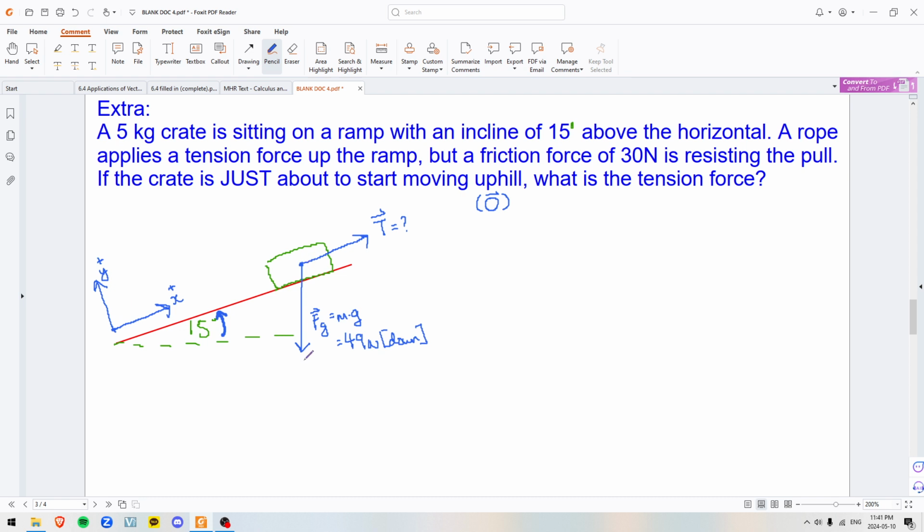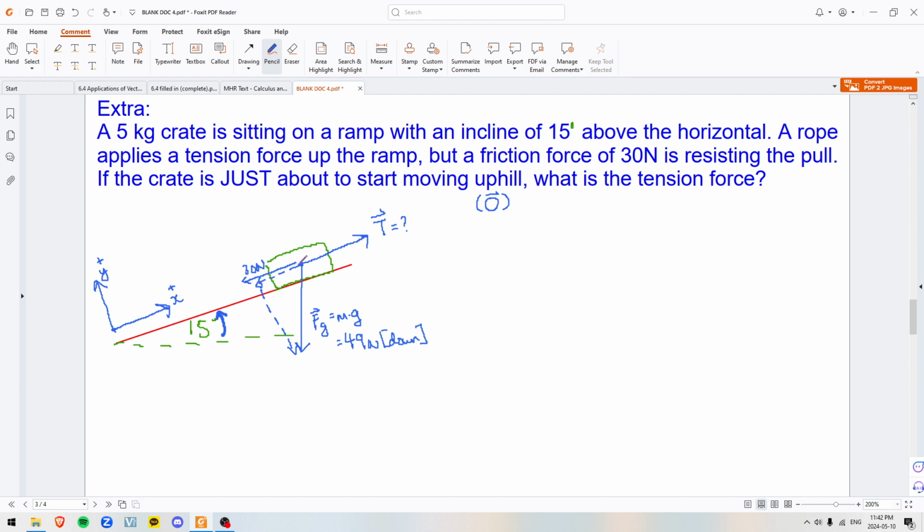If force of gravity is pushing it this way, that means there should be some kind of force making the crate fall downwards, and also some kind of force pushing directly perpendicularly into the ramp. Right? At the same time, there is a friction force that is pushing it this way by 30 newtons, because it says it's resisting the pull, right?